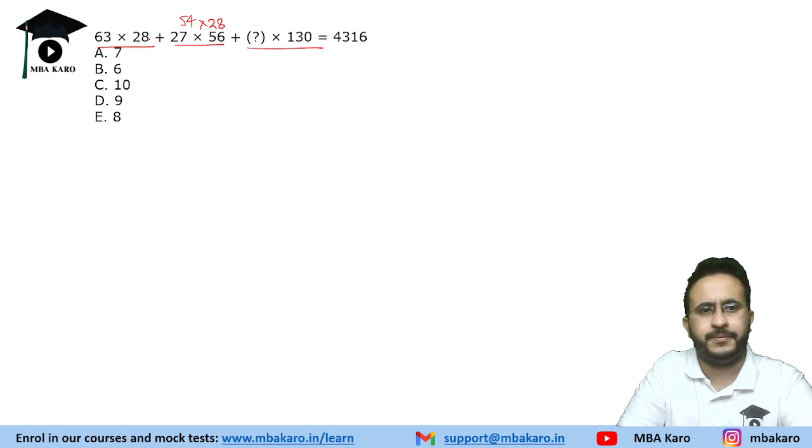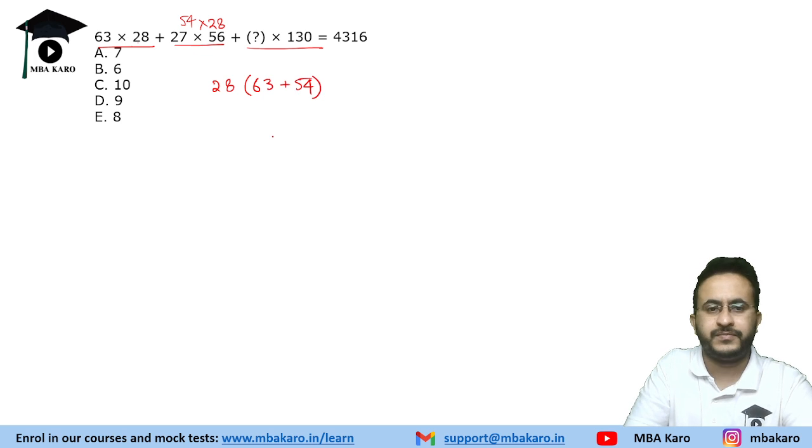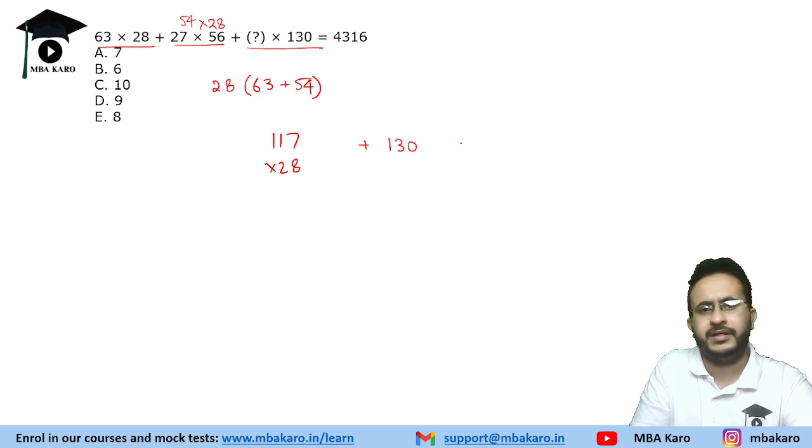Now if you take 28 common, this is 63 and this is 54, so 107 into 28, right? Now plus 130 into some number and then give us 4316.